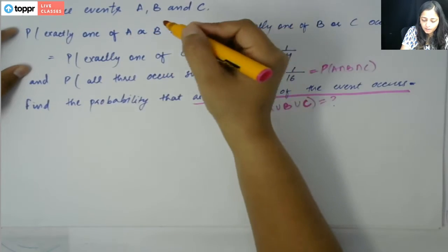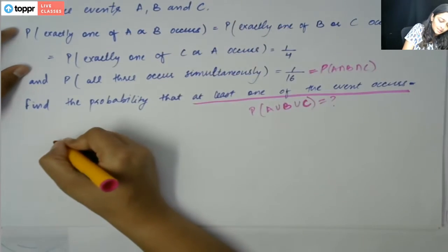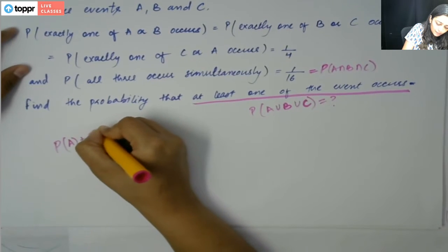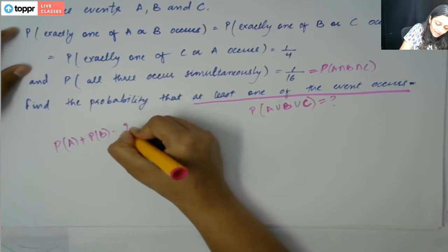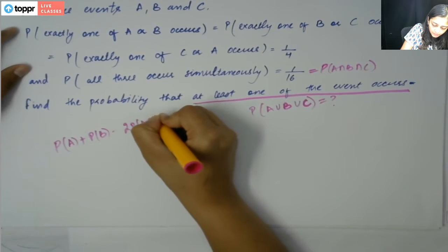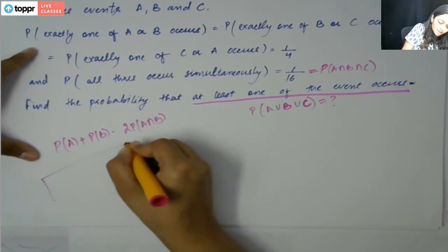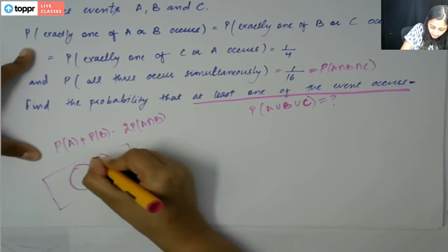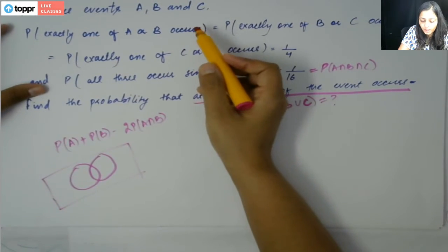Exactly one of A or B occurring is probability of A plus probability of B minus twice probability of A intersection B. How do we get this? If we draw the Venn diagram, you have A and B, and exactly one of A or B occurs.